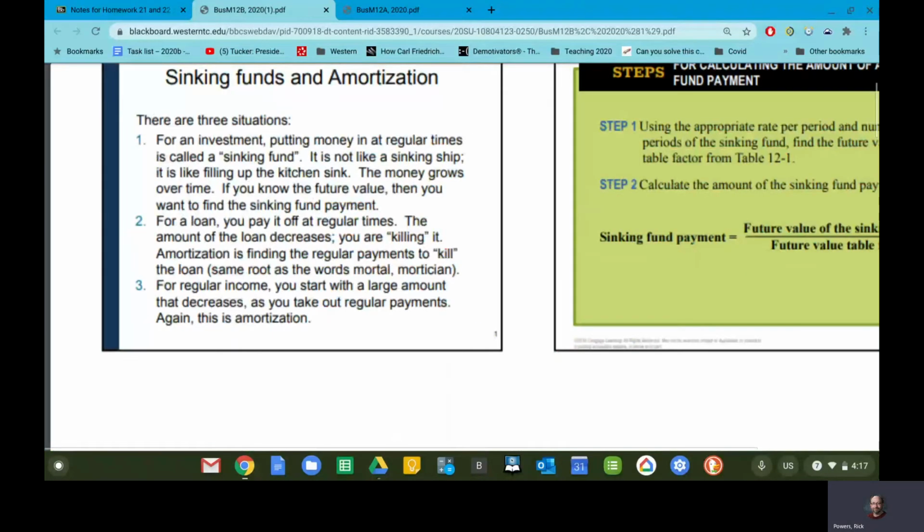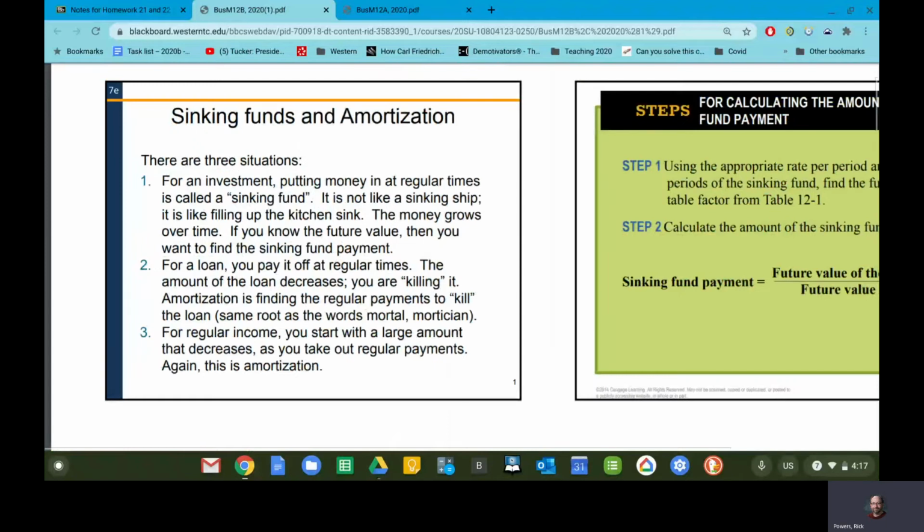Now, I didn't invent this or come up with this definition, but it is the case. Putting money in at regular times is called a sinking fund. It's not a sinking ship. A sinking ship goes down, all right? But it's putting money into the kitchen sink. You fill it up.